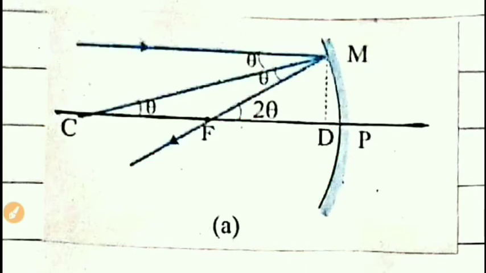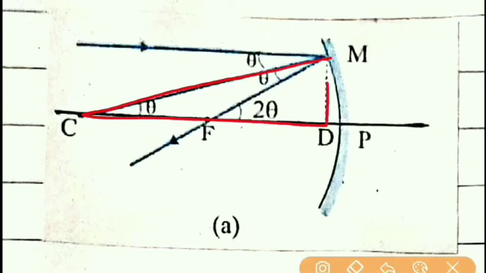Now students, here according to the law of reflection, this is the incident angle and this angle is the angle of reflection, and we know that both these angles will be equal, and that's why here both are denoted by theta. Now you can see in this triangle, as this angle is theta, this angle will also be theta.